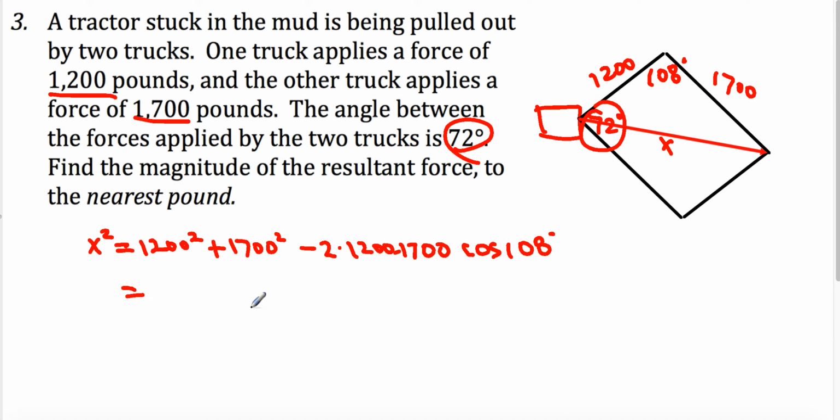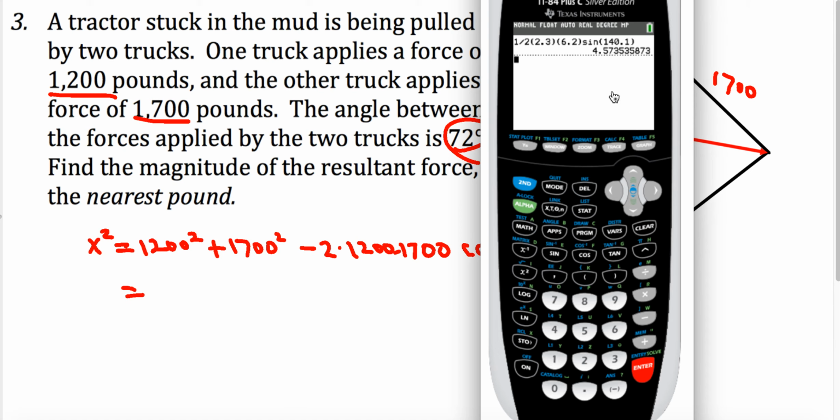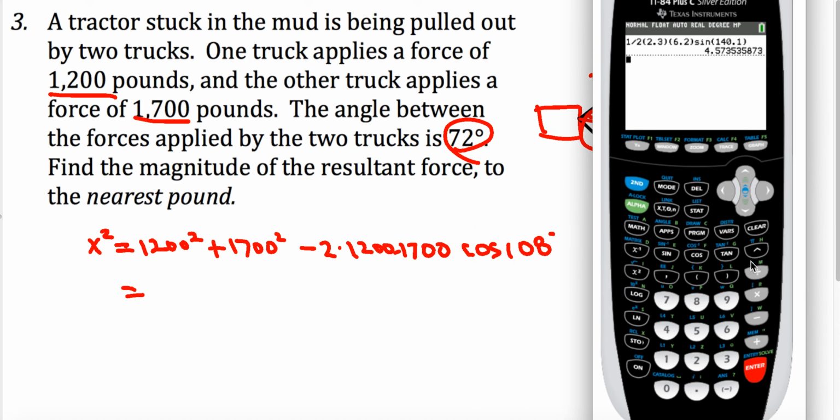All right, let's go to our calculator here. So 1,200 squared plus 1,700 squared, then minus 2 times 1,200 times 1,700 times cosine of 108.